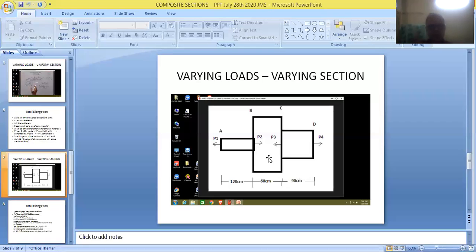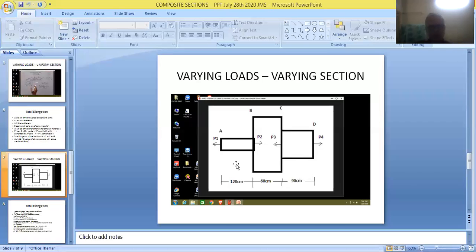And friends, once again, I repeat, the P value for the first component must be taken simply as P1. The P value for the last, third component must be taken as P4. And the P value for the second component has to be taken as the difference of P2 and P3.